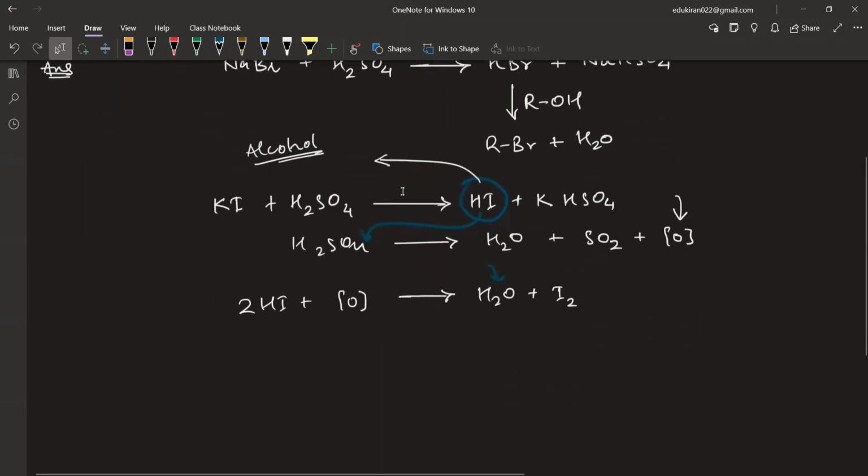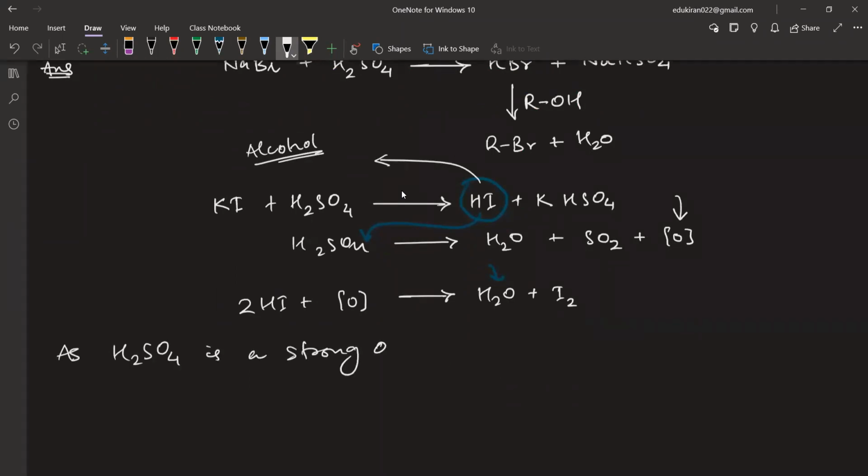So we'll write: H2SO4 is a strong oxidizing agent.